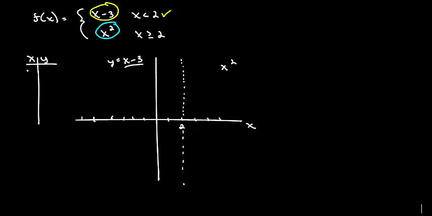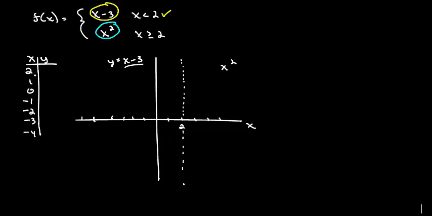I'll start with 2 here, and then I'll work my way backward with some values. Usually I'll just use the integer values because it's easiest. You can use whatever you want. So I started at 2, and then I used numbers that were less than that. So 2, 1, 0, and so on.